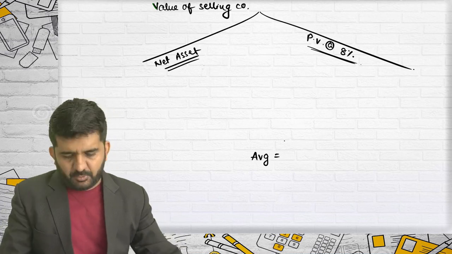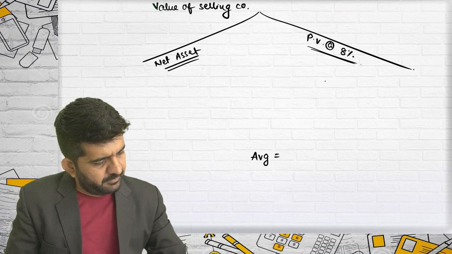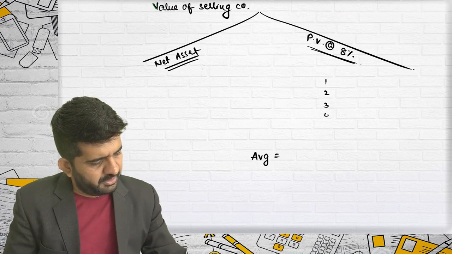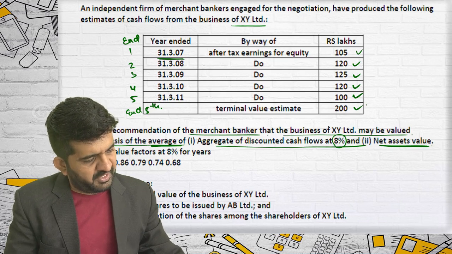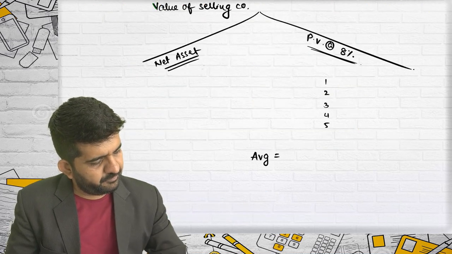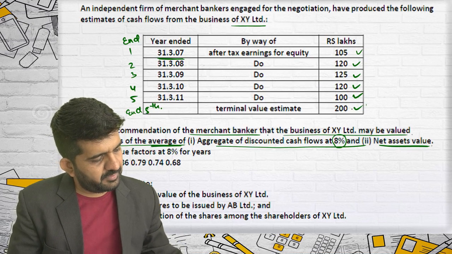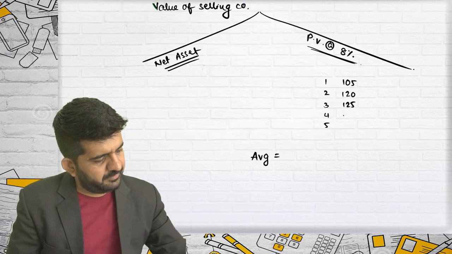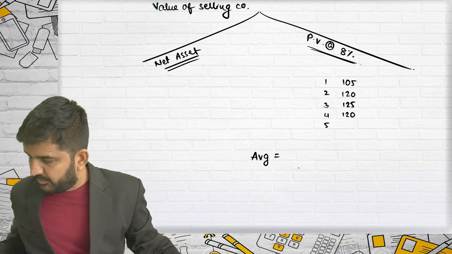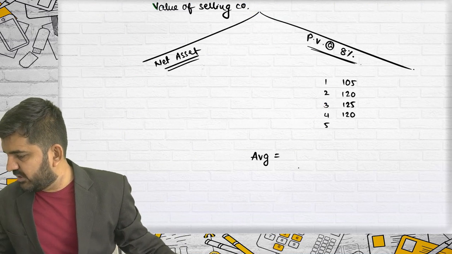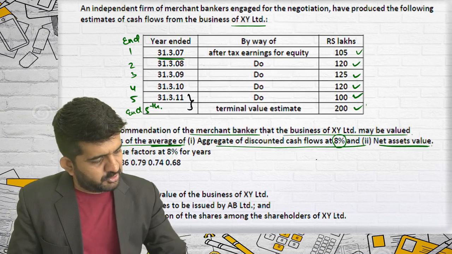First, present value at the rate of 8%. 105, 120, 125, 120. Terminal value should be added, because this is also at the end of 5th year.